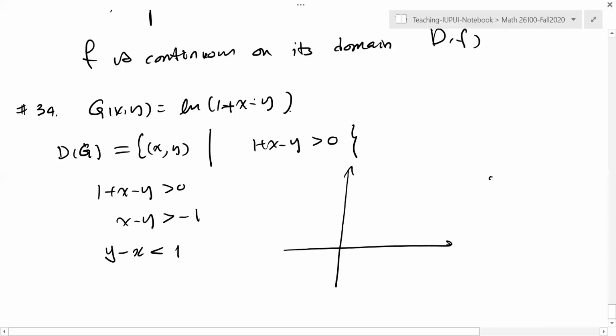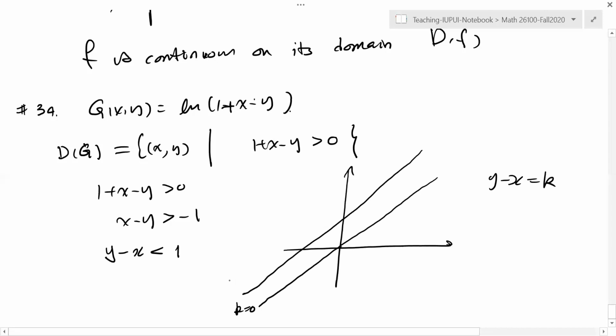So y minus x equals k. Here y minus x is less than 1. When k equals 0, I get this straight line. K equals 1, this line. K equals 2, this line. So y minus x less than 1.